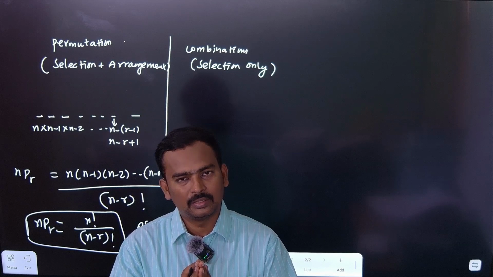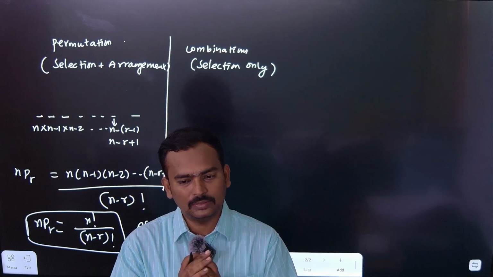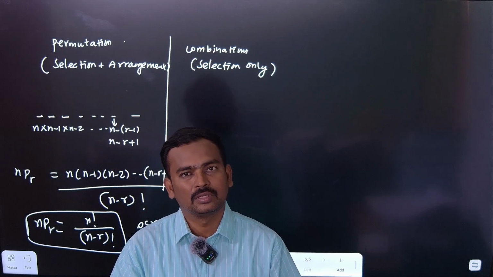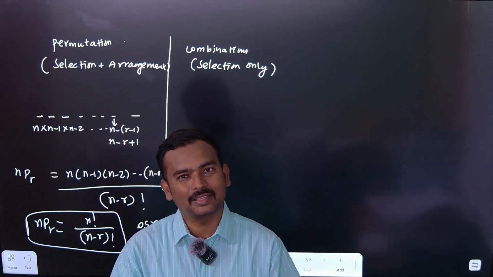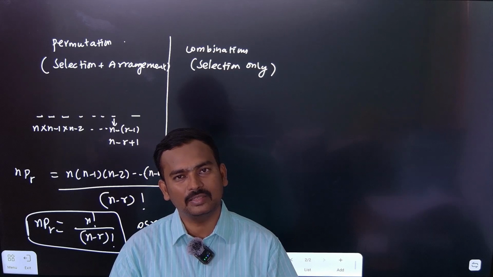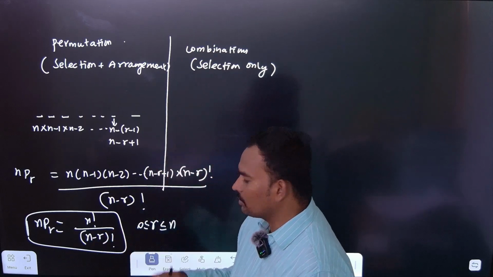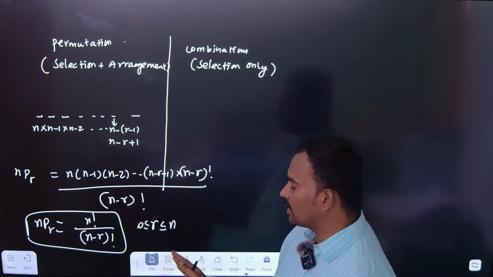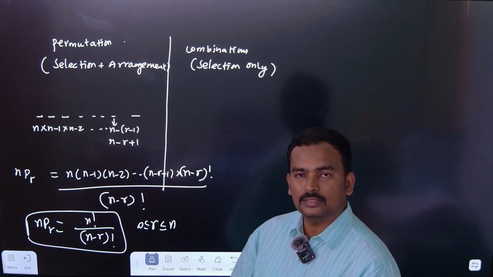You can select 1 or 2, 3 or 4, or one more possibility is there: you are not selecting anything, that is also a possibility. That is r equal to 0, the empty box, right? Nothing is selected. It will be like that only, right? Okay.